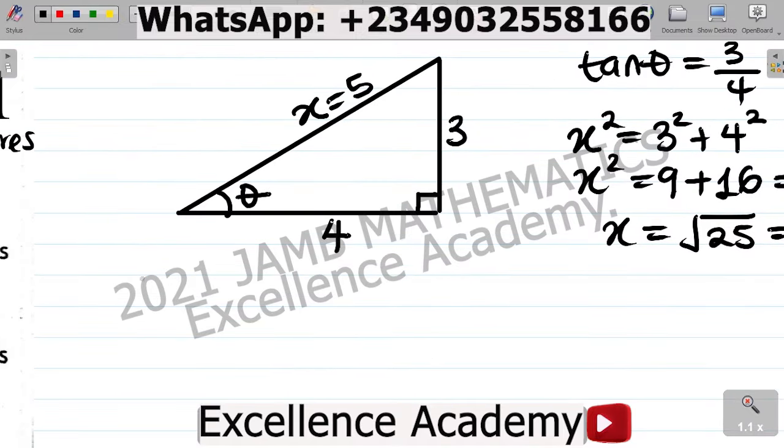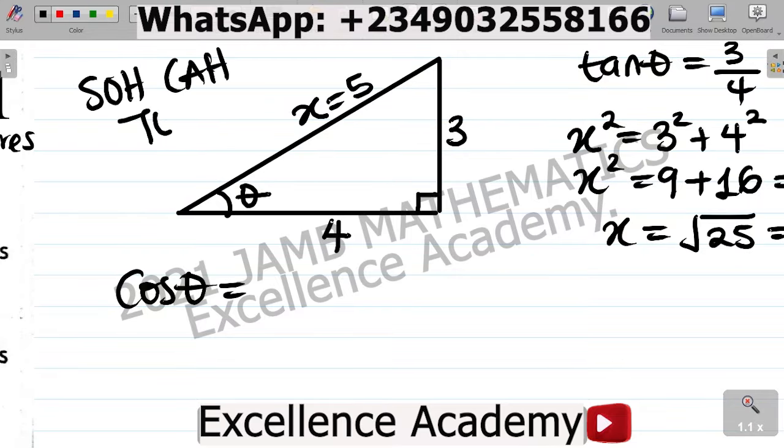Let's get cos theta. Cos theta is equal to, if you remember the SOHCAHTOA, from SOHCAHTOA, cos is adjacent over hypotenuse. This is opposite. This is adjacent. This is hypotenuse.